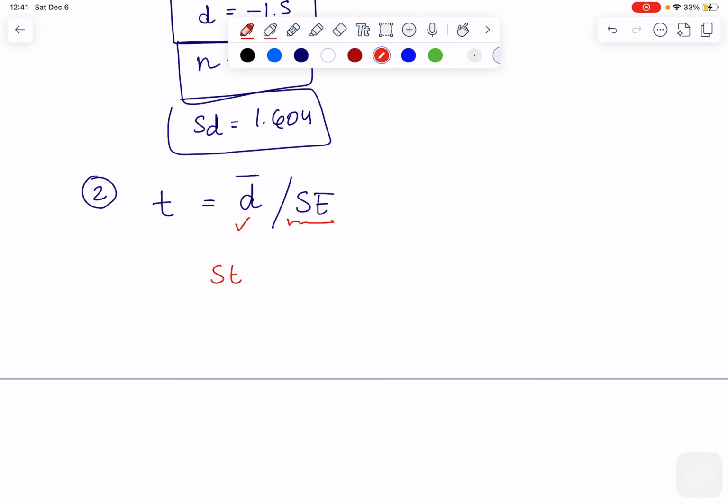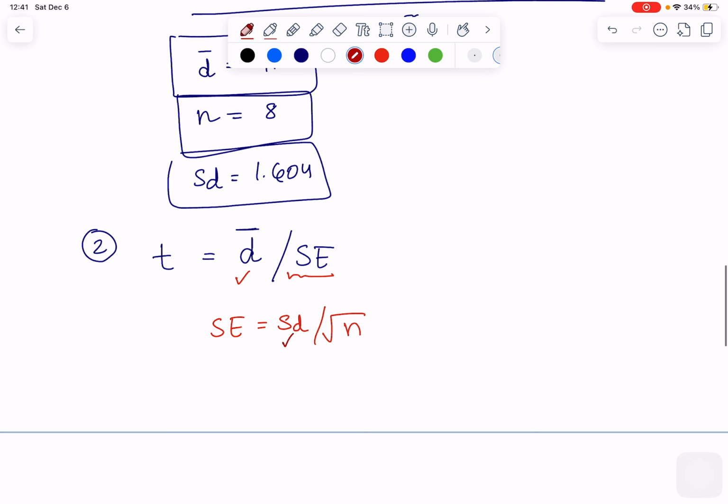The SE is calculated as the standard deviation over the square root of n. Do we have the standard deviation? Yes, we just calculated it. Do we have n, the number of samples? Yes, it's 8. So you just plug in: 1.604 over the square root of 8 gives 0.567.